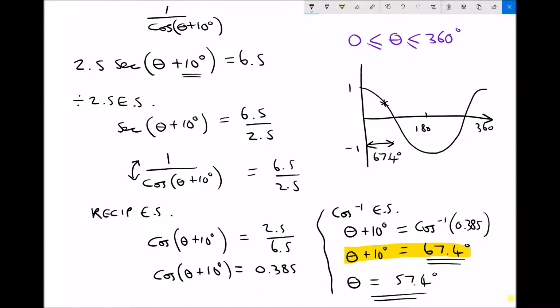Now before we apply the phase shift, we can use that to determine the equivalent distance from 360 degrees. Remember that we've got a mirror image here. So this equivalent distance here is also 67.4 degrees. When we apply the phase shift, the graph moves 10 this way, because a phase angle of plus leads to a shifting from right to left.